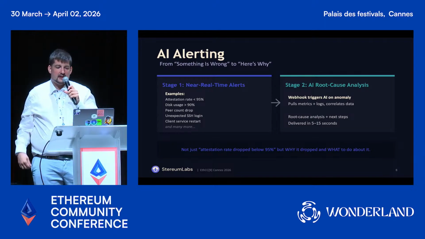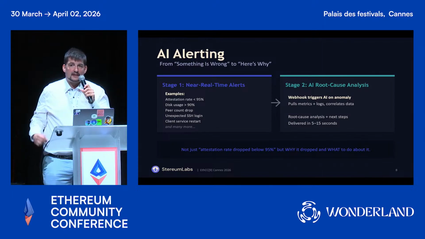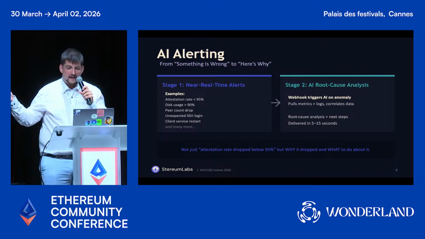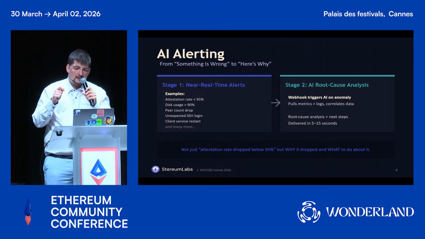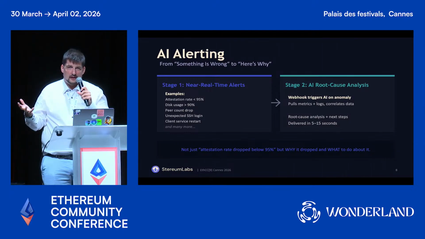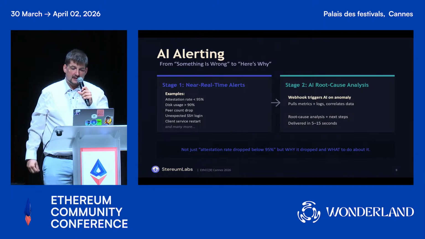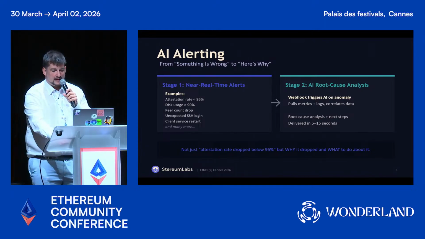So we also implemented an AI root cause analysis, so that it gives you, over a webhook triggered by the anomaly, a real explanation of what you have to do, and not within minutes, but in 5 to 15 seconds.